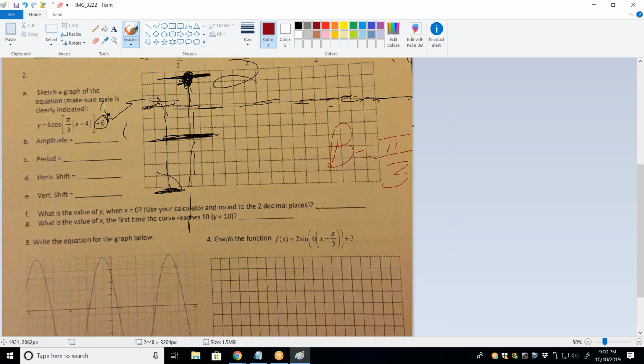So what's the period? Remember, the period is 2 pi over b. I'm going to do this real quick because I know we're out of time, but I can finish this. So my period is 2 pi divided by pi over 3.